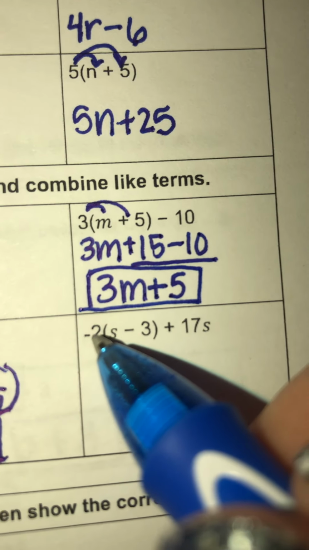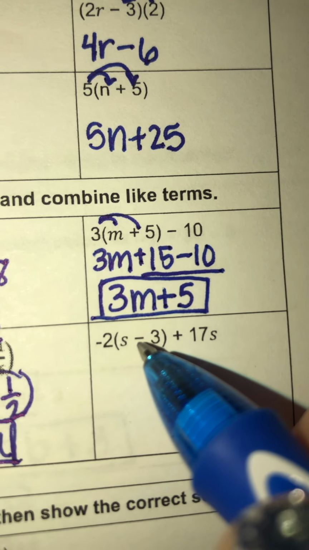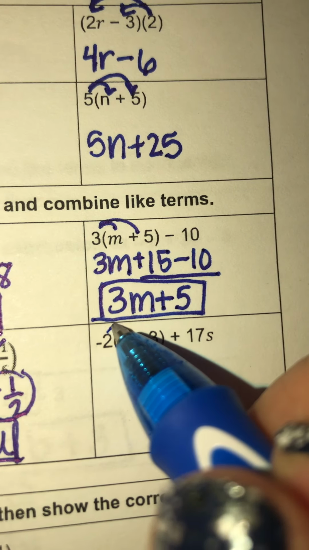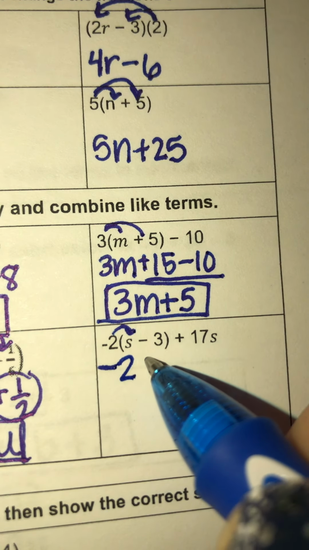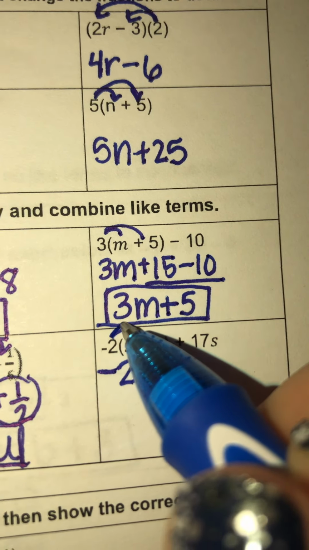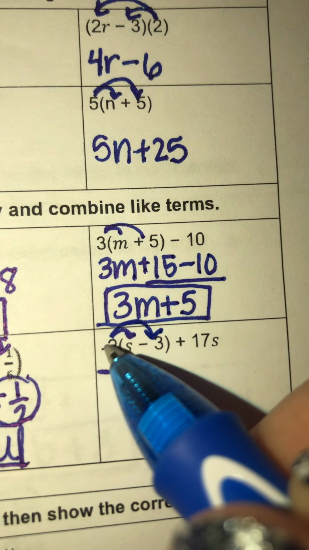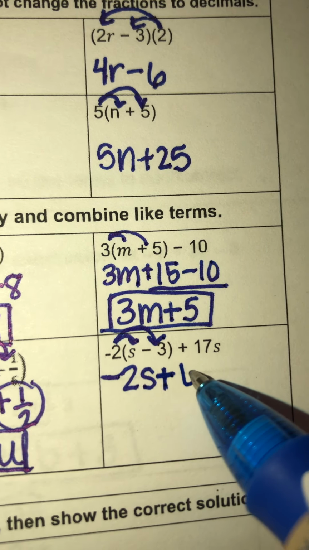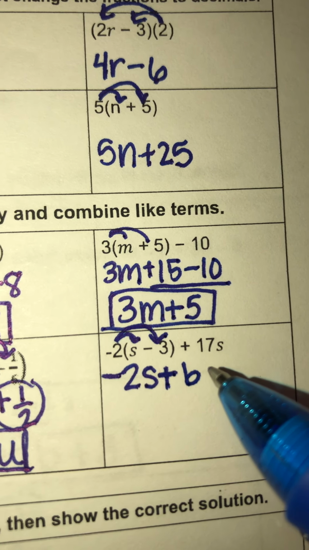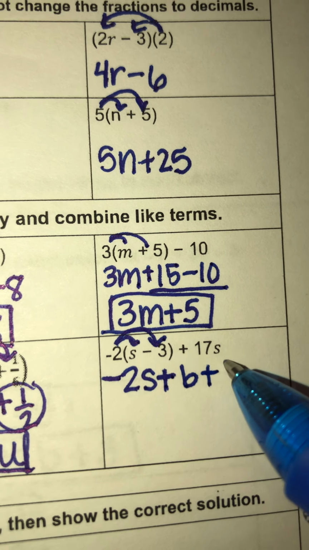And the last one here, negative 2 times s and minus 3. So negative 2 times s. That's easy. Negative 2s. And negative 2 times negative 3. Be careful. That's a negative times a negative. Use your calculator, or positive 6. And then plus 17s.